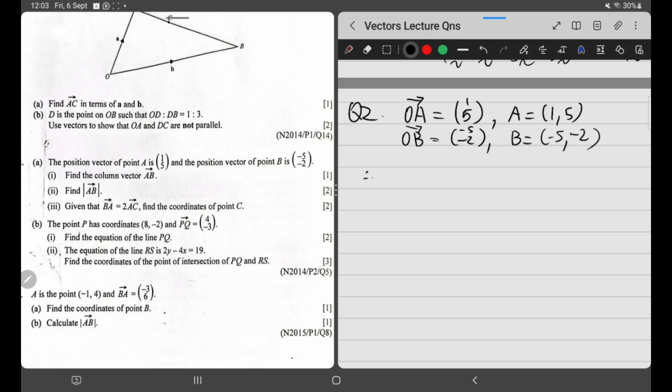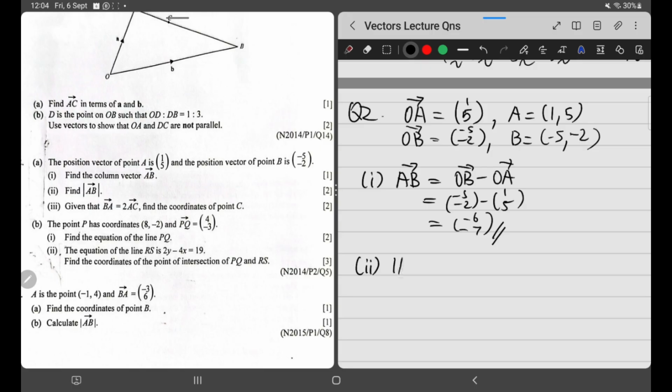So therefore, in part i, they say find the value of AB. AB is just OB minus OA, right? If you remember your subtraction of vectors. Therefore, it's just (-5, -2) minus (1, 5), which gives us (-6, -7). That's the answer for part i.